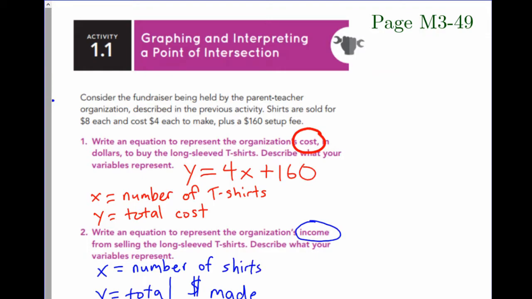This time it's just number of shirts sold. And our equation this time is just Y equals $8 times every shirt we sell.